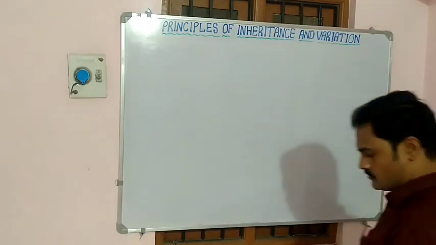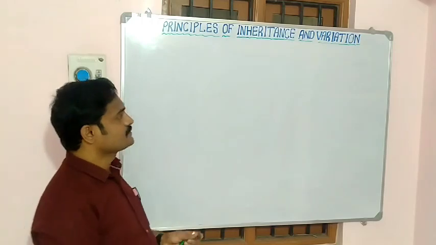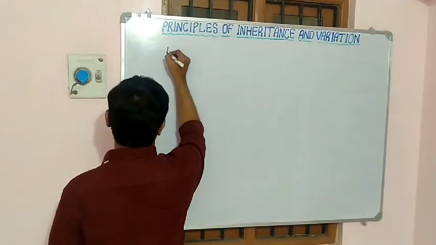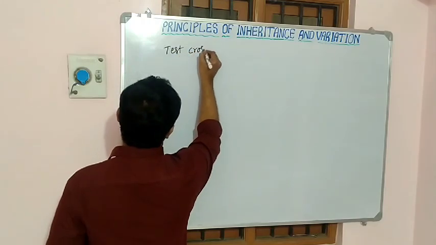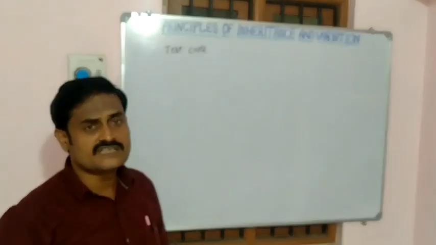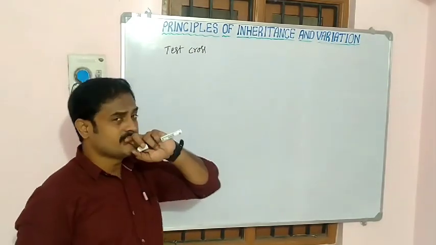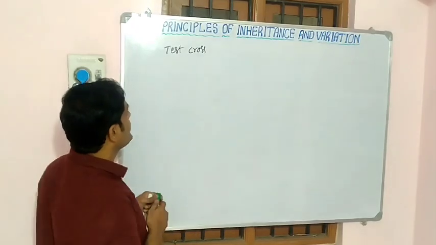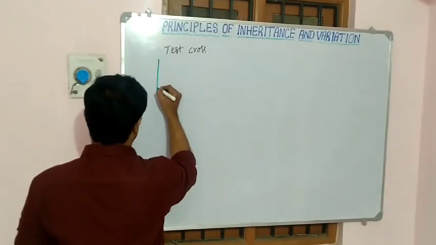So now I am going to discuss another experiment conducted by Mendel, that is called test cross. See, what is test cross? Test cross means, already you know very well, during the monohybrid cross Mendel chose two types of plants here.